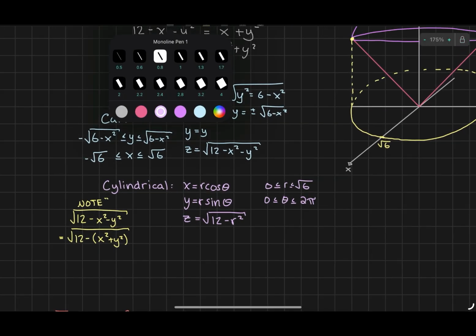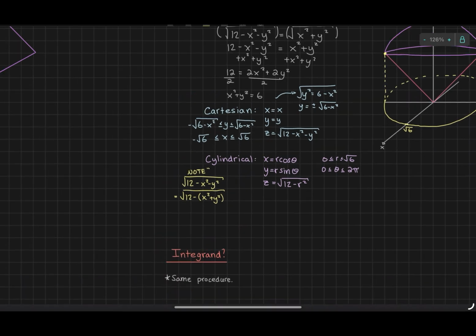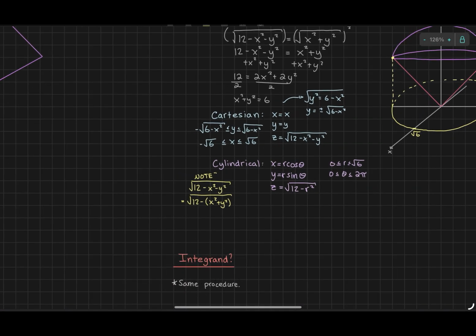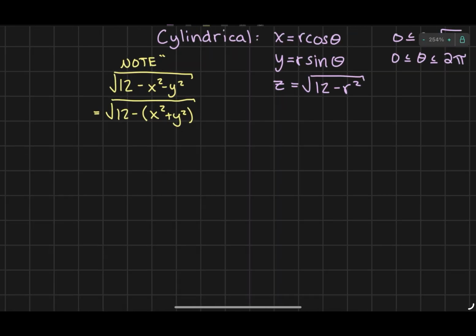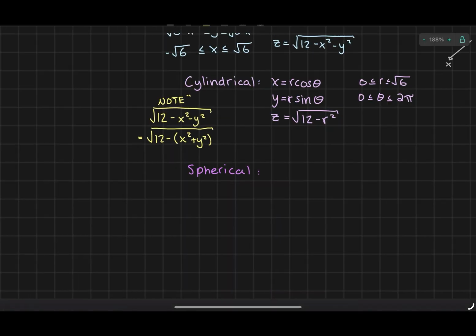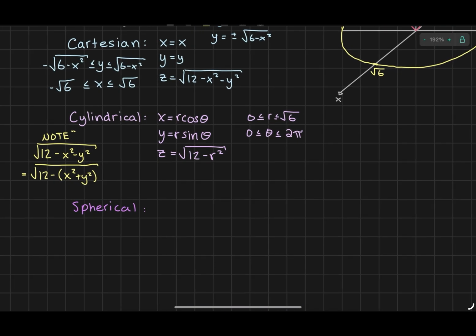And lastly, let's go ahead and do our spherical coordinates. Recall that we have rho sine phi cosine theta, rho sine phi sine theta, and then rho cosine phi.